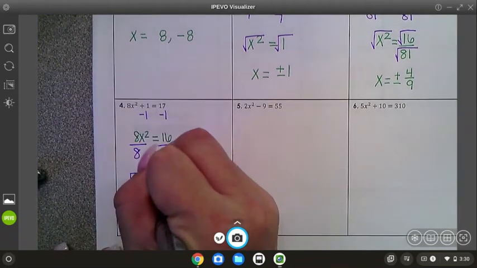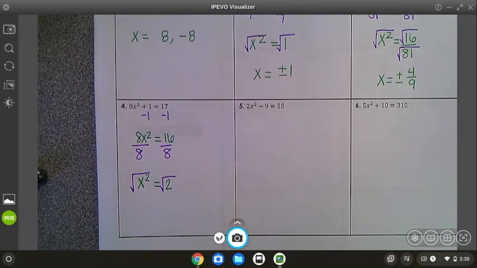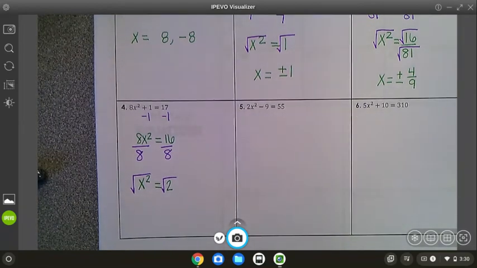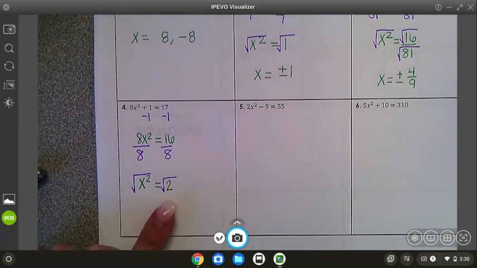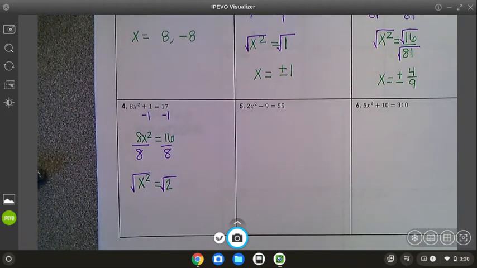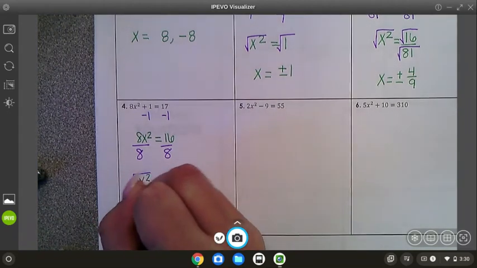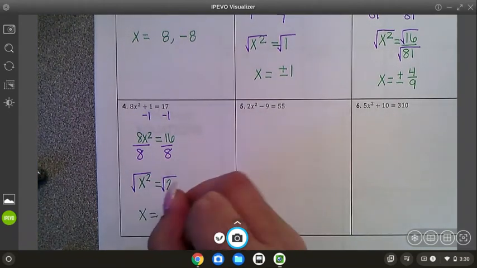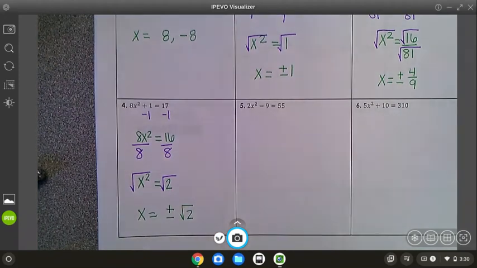And then we take the square root. Is 2 a perfect square? It's not a perfect square, and there's actually no perfect squares that'll divide into 2. So I'm just going to leave my answer as x equals plus or minus square root of 2. Sometimes you'll have some that won't break down, and that's fine.